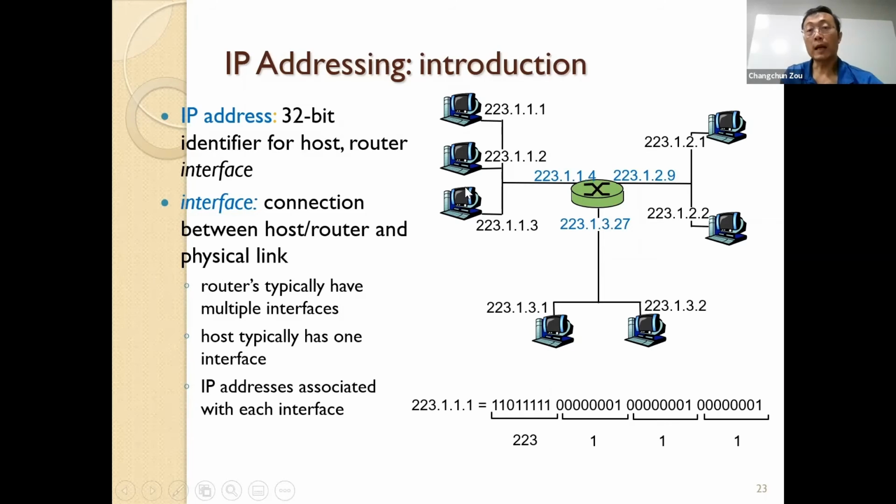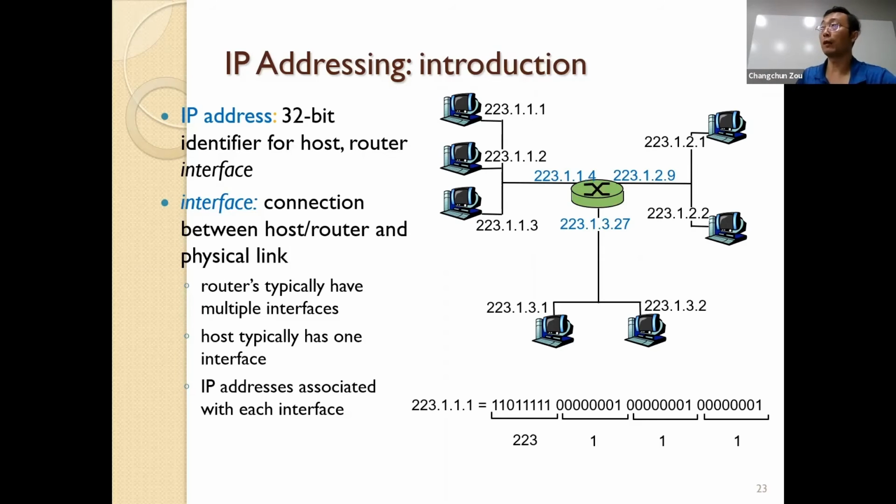And you should understand that a computer does not have just one unique IP address. The IP address is assigned to the network interface. For example, my laptop right now is using Wi-Fi, so the Wi-Fi interface is assigned a unique IP address. But if my laptop is also connected with an Ethernet line, suppose I'm connecting both Wi-Fi and Ethernet, then the Ethernet line will also have its unique IP address.